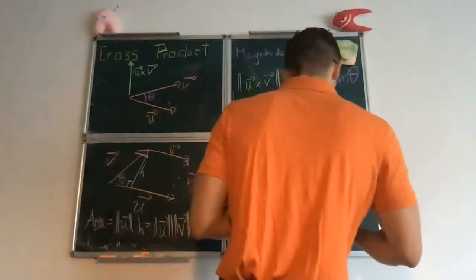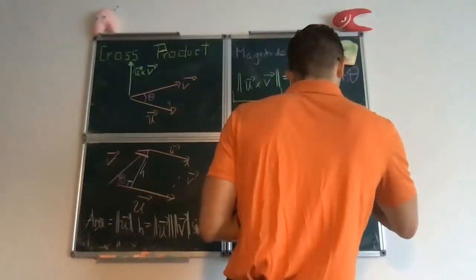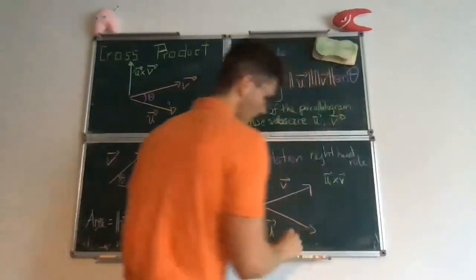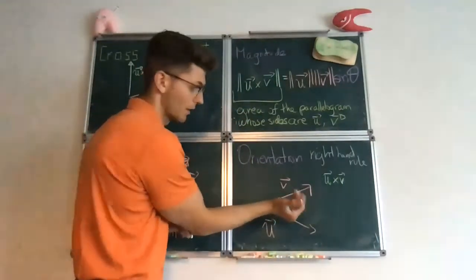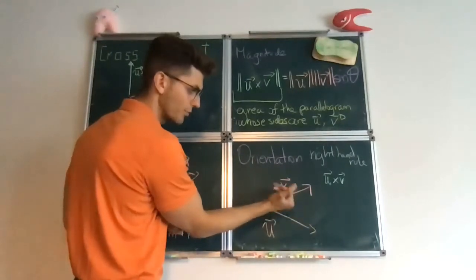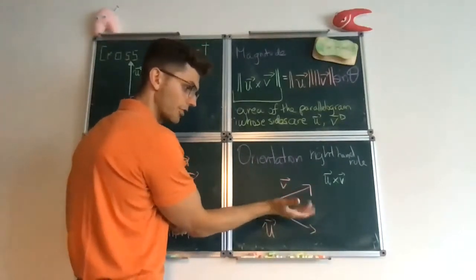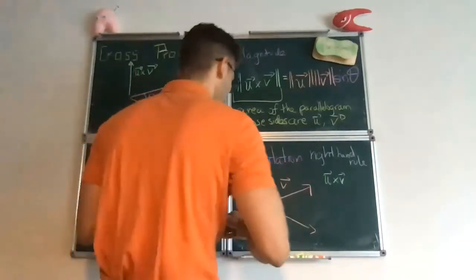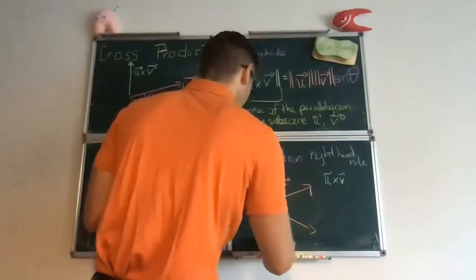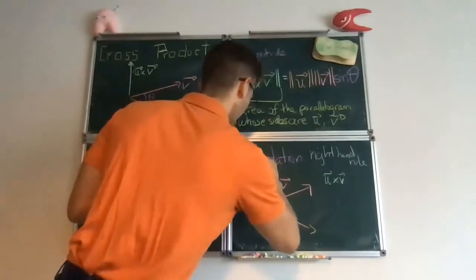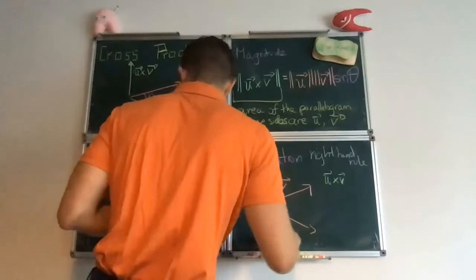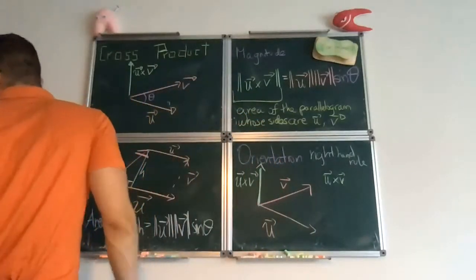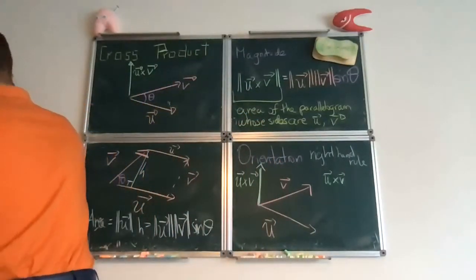But if you want to do u cross v, basically you align your fingers along the direction of the vector u, and then you close them towards v, and the thumb points in the direction of the cross product. So that's how this is supposed to work. So again, maybe it will be easier.